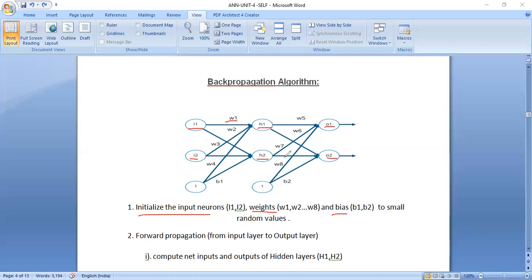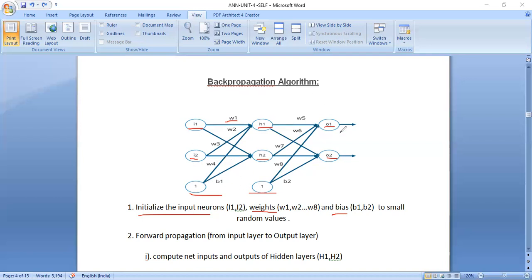These weights are on the signals between one neuron and another neuron. After that, we have some bias values B1 and B2. Bias values can be initialized with 1, or you can initialize with some other values. That is your choice.